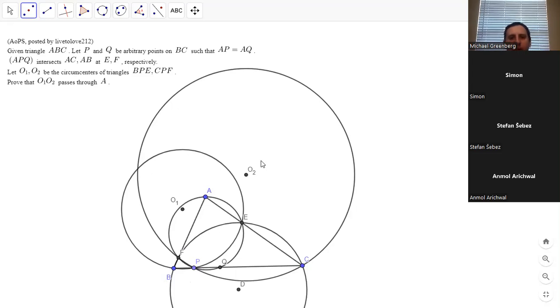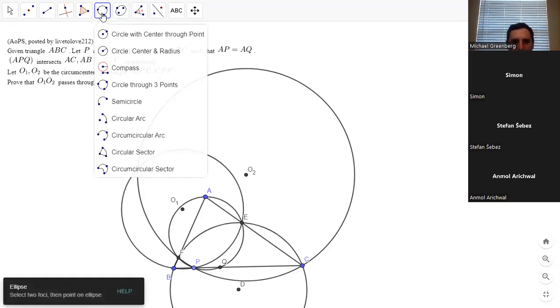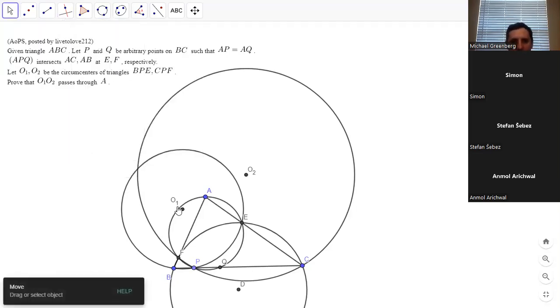Okay, so we want to show O1, O2 passes through A. This is quite obvious, I think, now by inversion. If we invert around A with radius AP, then F inverts to B and E inverts to C, since AF times AB is AP squared.